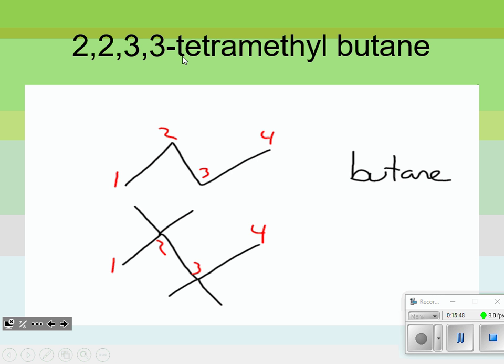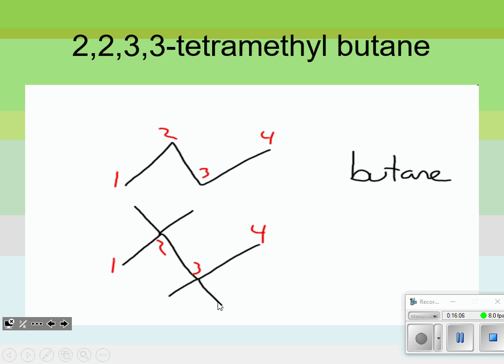I need now 4 methyl groups. Where are those methyl groups? 2 of them are on the second carbon, 2 of them are on the third. I drew 2 more points here and here.